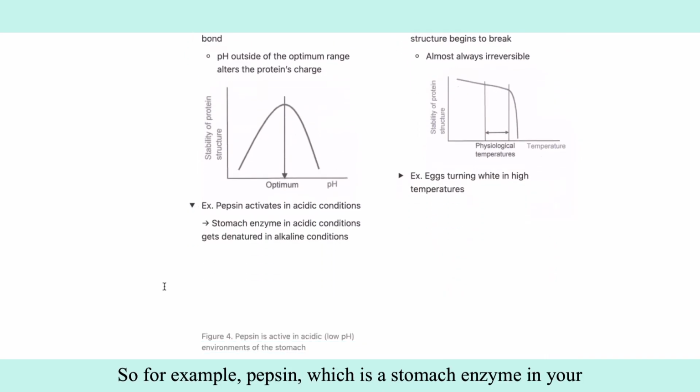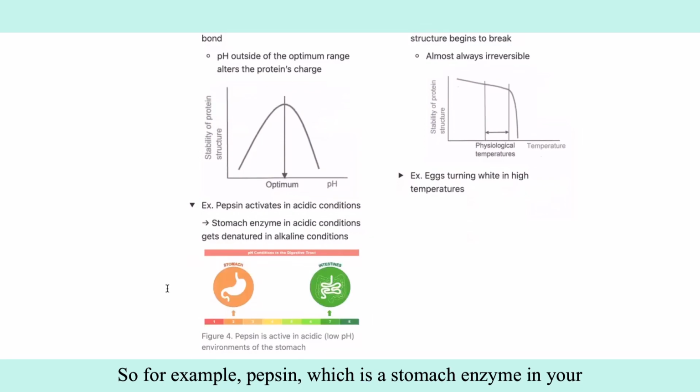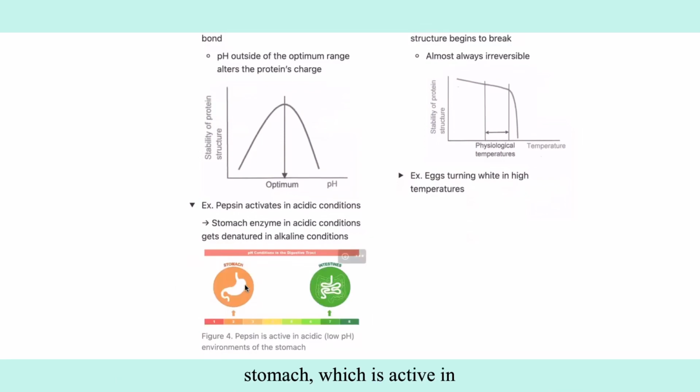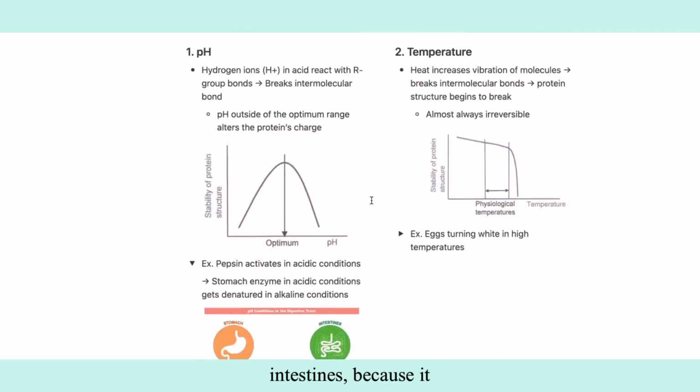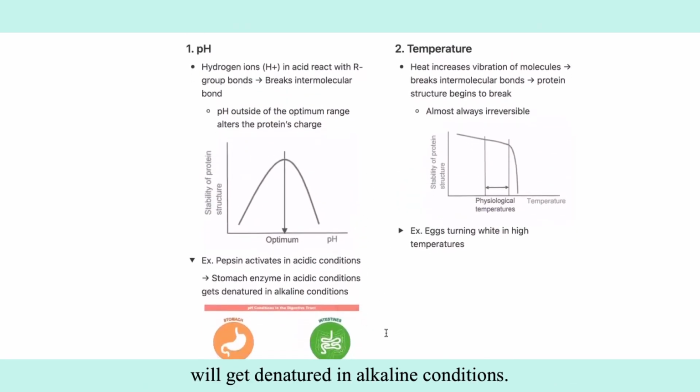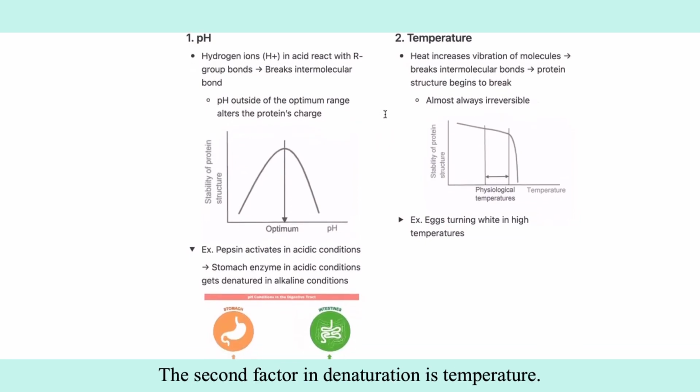For example, pepsin, a stomach enzyme which is active at a pH of 2, won't be active in the neutral pH in the rest of your intestines because it will get denatured in alkaline conditions.